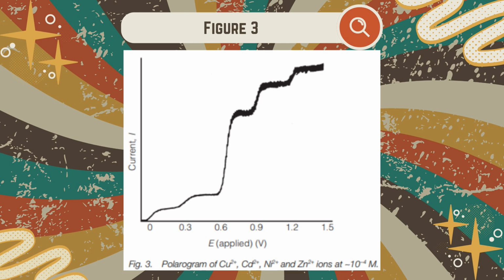The two reduction waves for copper occur at negative 0.1 and negative 0.35 volts, cadmium at negative 0.69, nickel at negative 1.1, and zinc at negative 1.35 volts. This illustrates an analysis that may identify the species qualitatively, and by using a standard addition method can also determine the ions quantitatively.